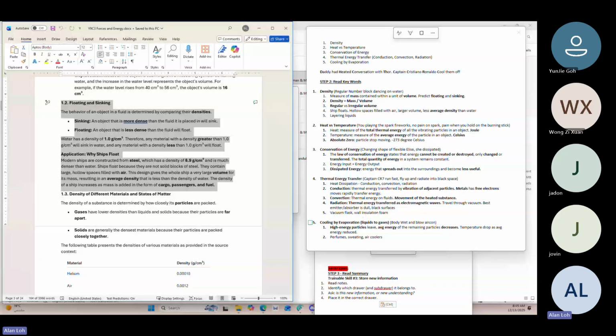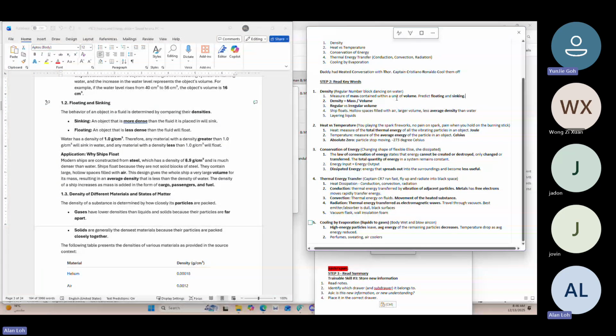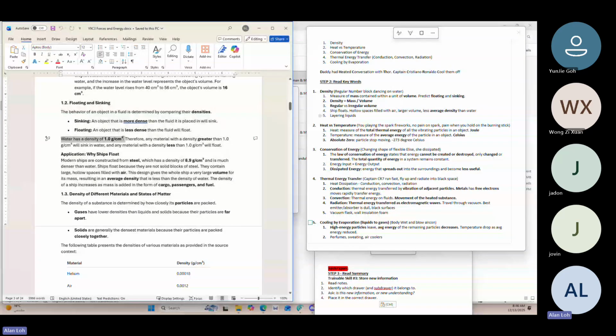Now, if I have to link it with the drawer, this is obviously also drawer 1, and it is somewhere here, talking about the float and also the sink, right? And what are the new information? I would say the new information is about the water density. Water has 1.0 gram per centimeter cube. It's not over here, so there is new information.